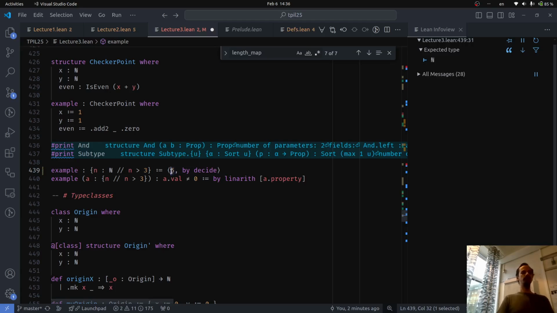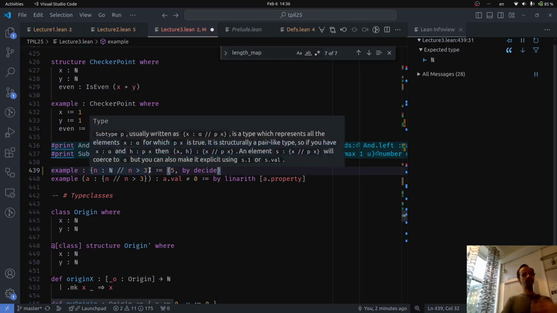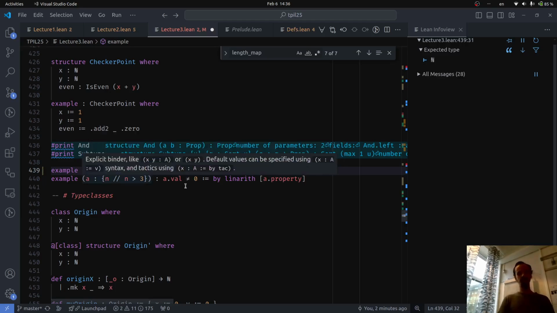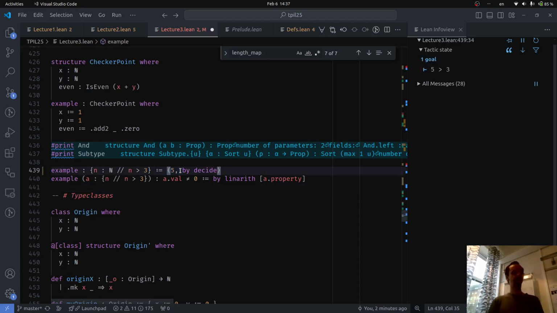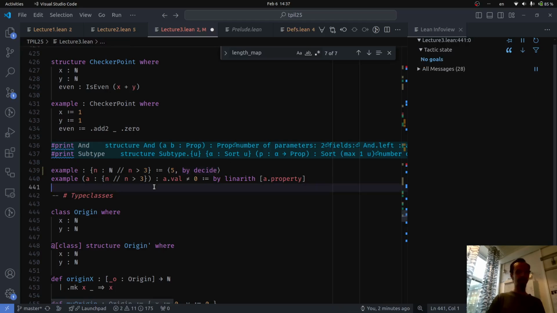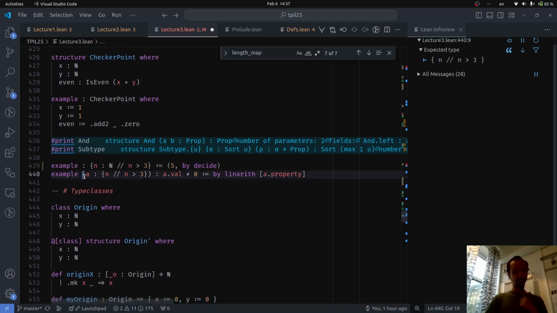So I'll say I construct an element of this subtype, which is a structure, so I have to use these angle brackets. The first thing I give it is 5, and the second thing is a proof that 5 is greater than 3, which we can do by simp. And then similarly, we can get stuff out of this using those projections called val and property.